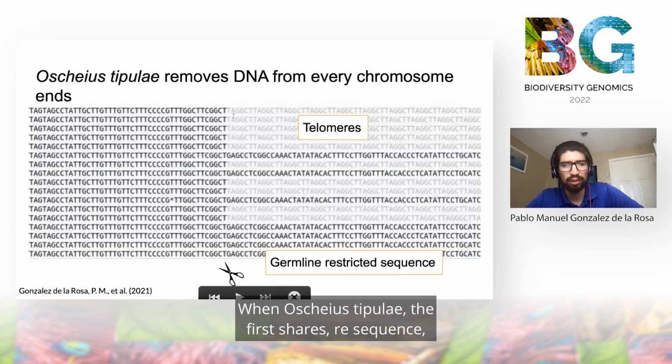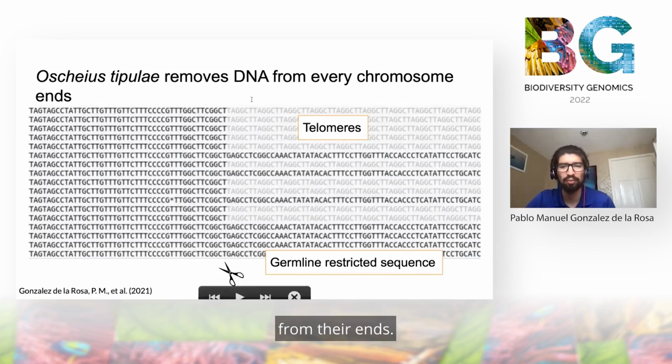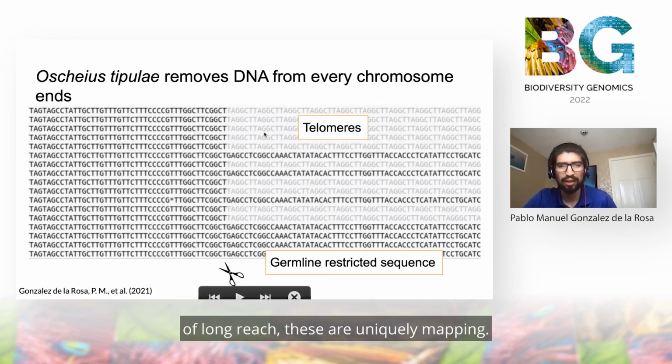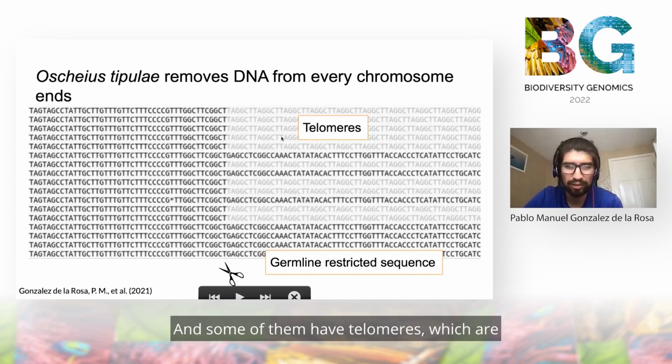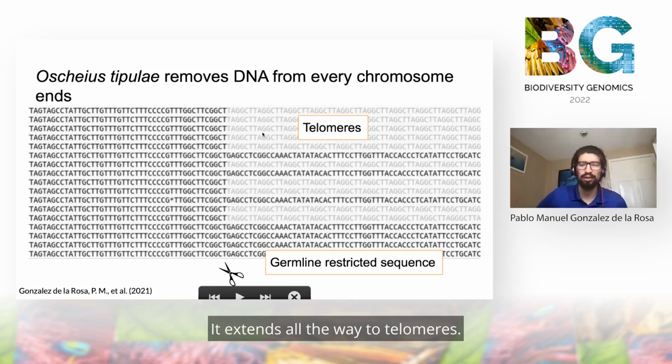In Oscheius tipulae, the first Oscheius we sequenced, we found that every single chromosome end removes DNA from its ends. We know that because here we see the alignment of long reads. These are uniquely mapping, so we know they can only be placed here. And some of them have telomeres, extending all the way, just telomeres.